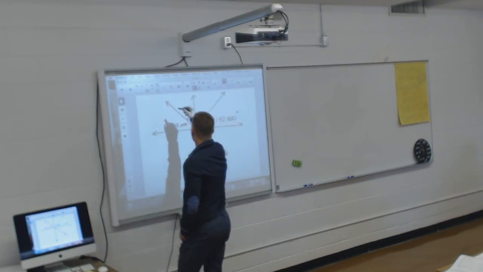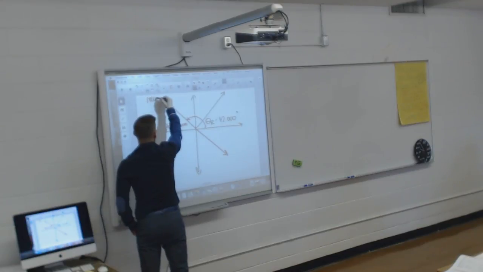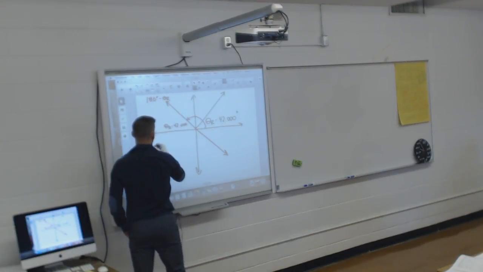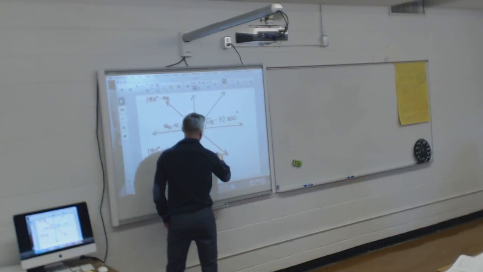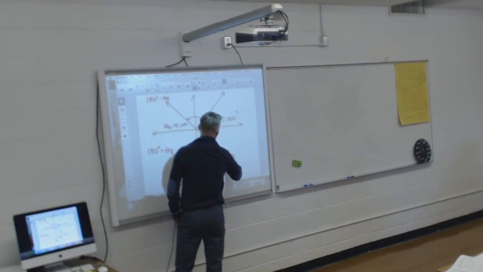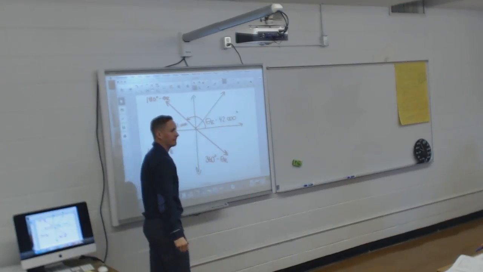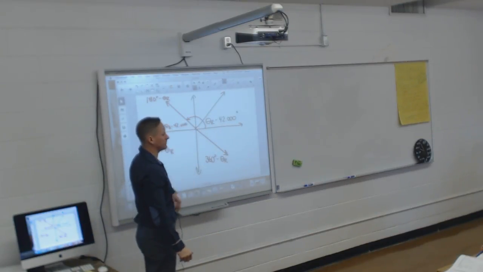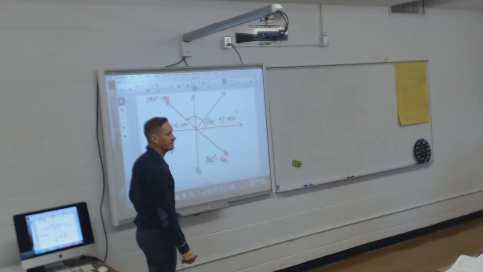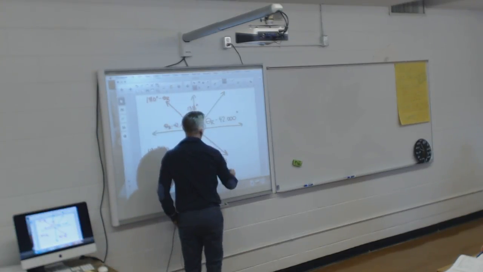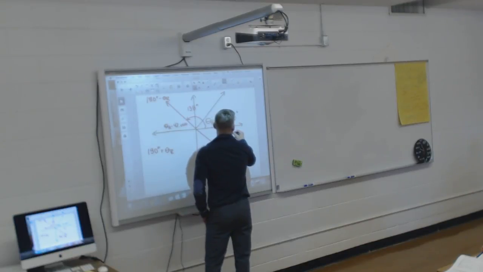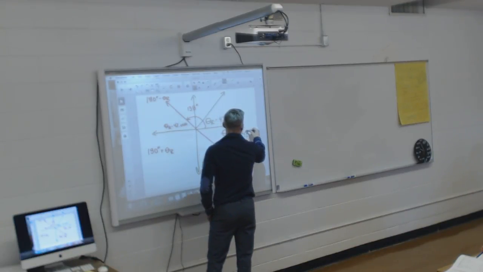In this quadrant, it's 180 degrees minus the reference angle. Down here it's 180 degrees plus the reference angle, and down here it's 360 degrees minus the reference angle, right? Okay, so take 180 subtract 42, what do I get? 138 degrees. So, how I write this out is theta is quadrant 2, 138 degrees.